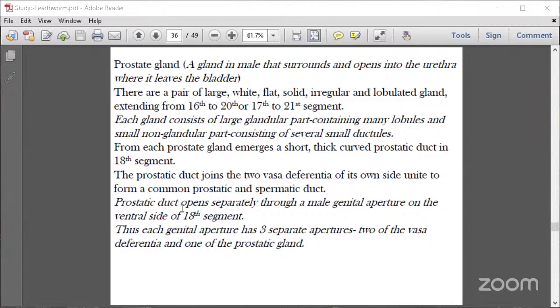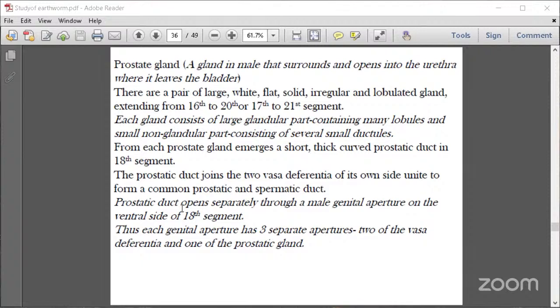There are a pair of large, white, flat, solid, irregular, and lobulated glands extending from the 16th to 20th or 17th to 21st segments. Each gland consists of a large glandular part containing many lobules and a small non-glandular part consisting of several small ductules. From each prostate gland emerges a short, thick, curved prostatic duct in the 18th segment.